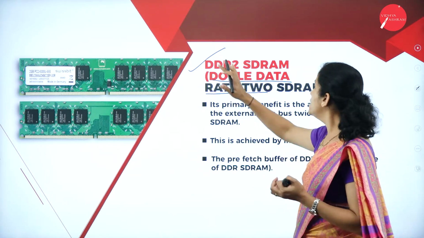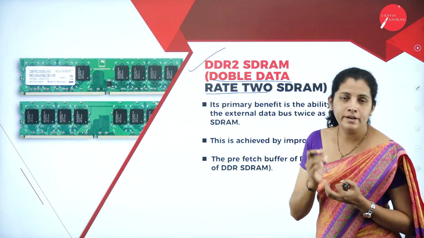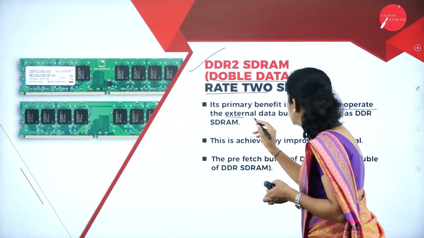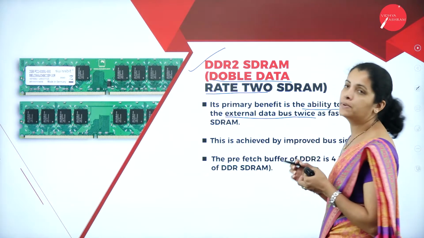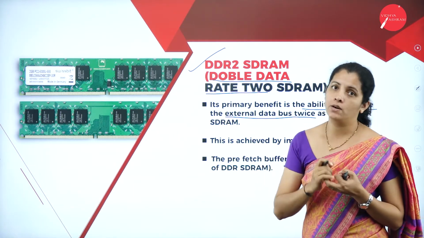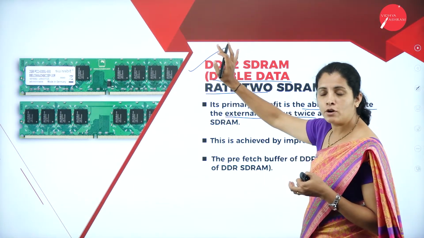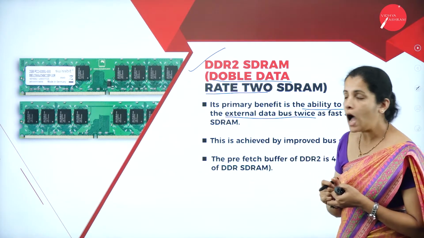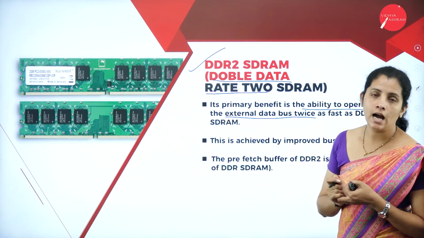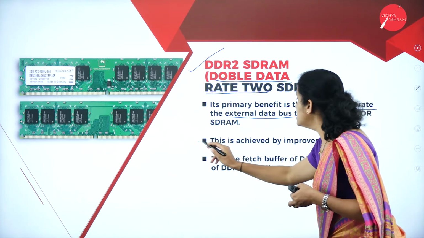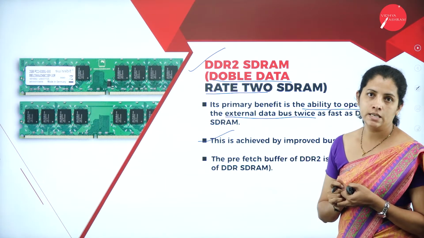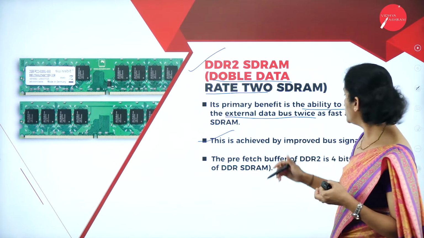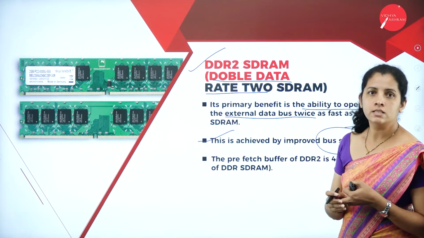DDR2 has a benefit: it is capable of operating the external data bus twice as fast as DDR SDRAM, and this is achieved by an improved bus signal. That means in order to achieve the double data rate, we have an improved bus signal.